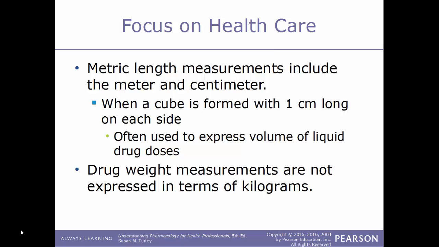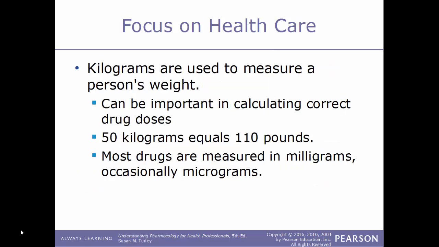And even though the main unit for weight in the metric system is kilograms, when you're talking about weighing out drugs, obviously you will not use kilograms. A kilogram is 2.2 pounds. So if you are prescribing that amount of weight in drugs, you're going to kill somebody. So when it comes to drug dosages, you'll be using milligrams, decagrams, and so on. And so kilograms are used to measure a person's weight.